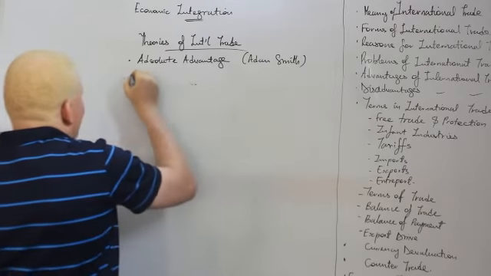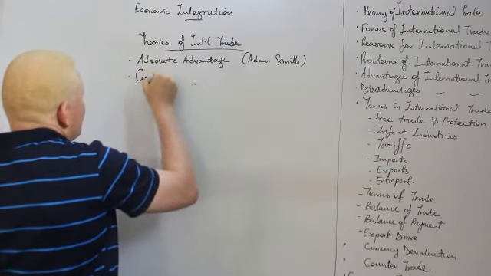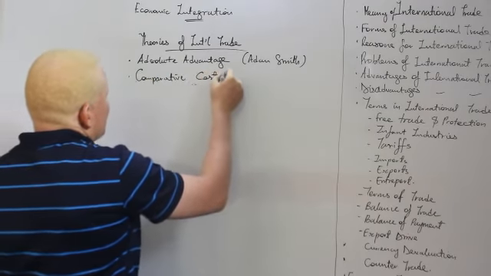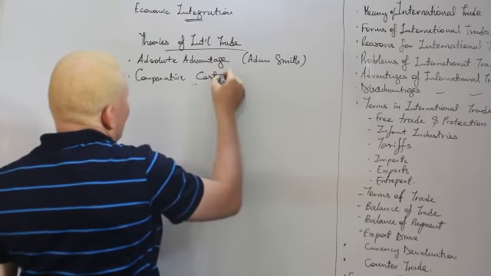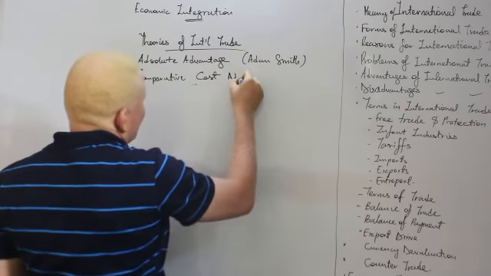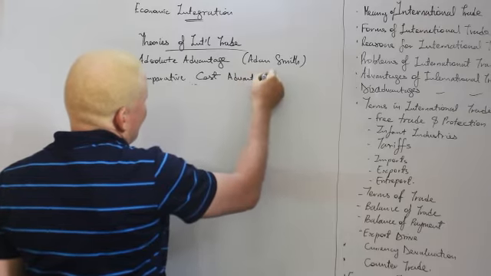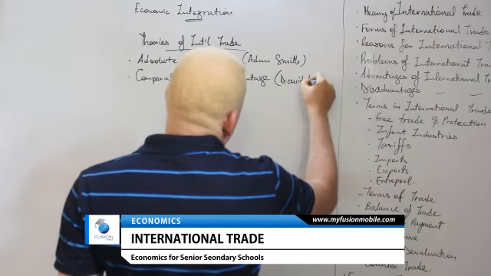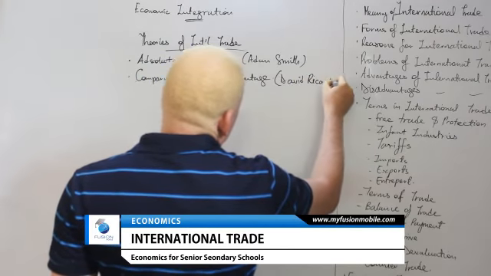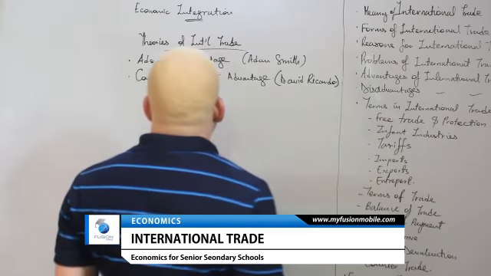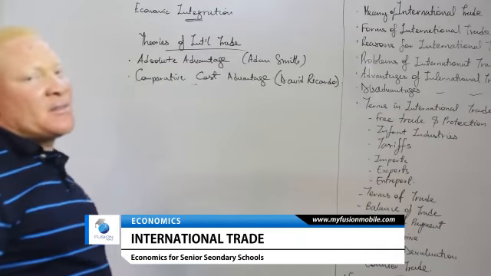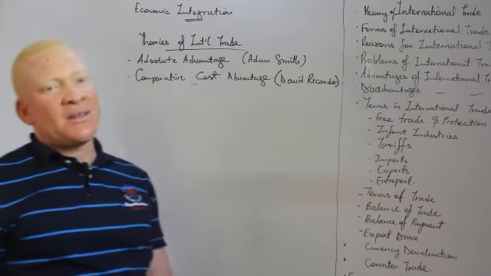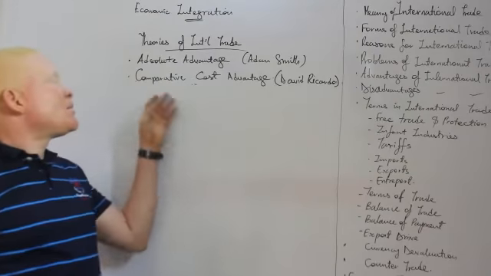We have the comparative cost advantage by David Ricardo. Other advanced trade theories abound, the Heckscher-Ohlin, the mercantilist theory, and so on and so forth. But for now, our limit is on these two.